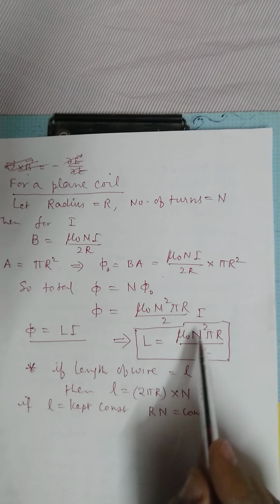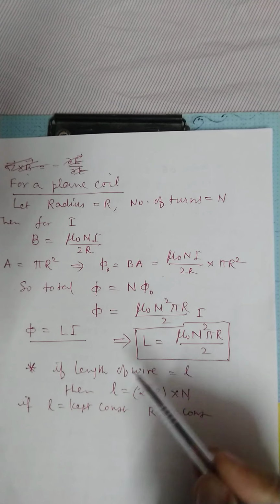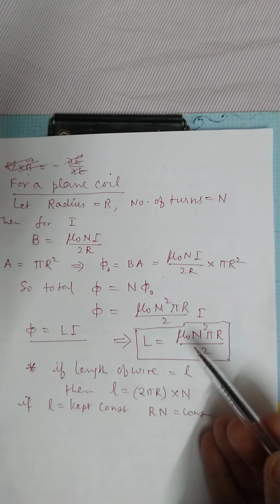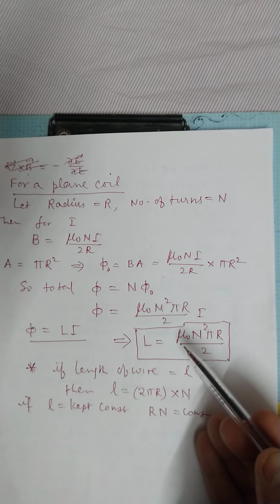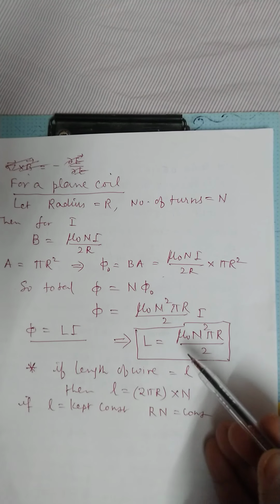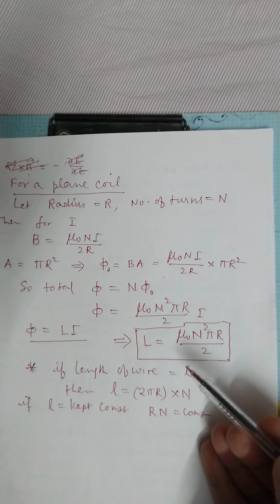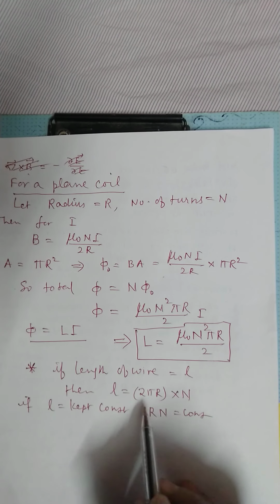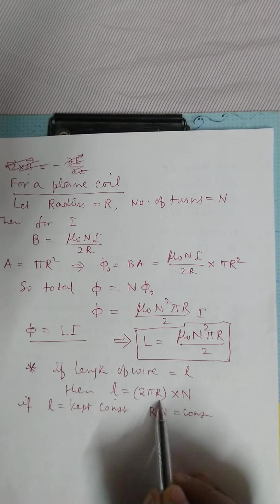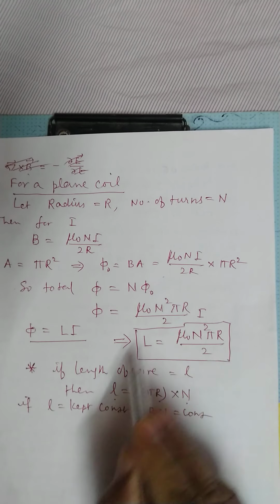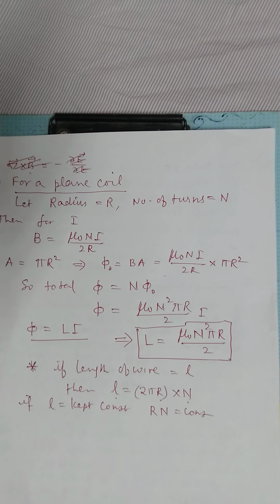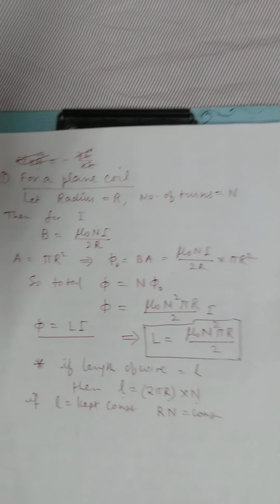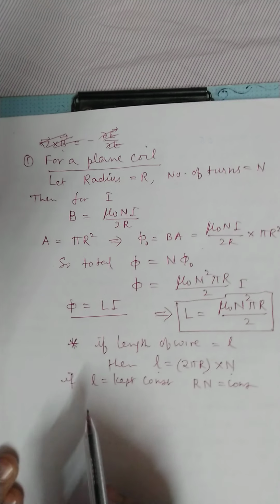So in many examinations it is asked that the same wire is wrapped over the coil to have the same radius. Then you should learn that l is constant, R is constant, then N will be constant. So no change in the coefficient of self-induction will take place. This is for a plain coil.